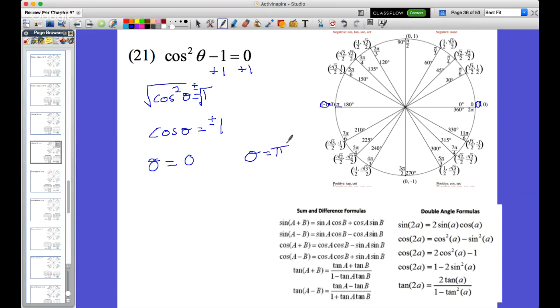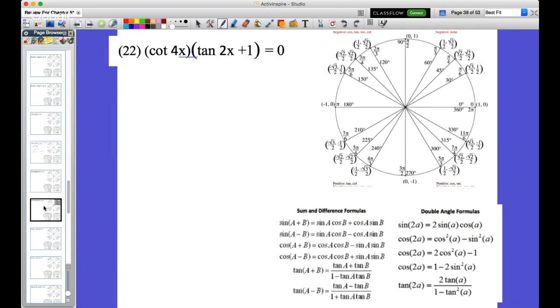Now, here's one thing I want to remind you. Our interval is 0 to 2 pi. 2 pi is not included as an answer. So the angle would not be 2 pi. It would be the angle equal to 0. And so that's how we solve those types of problems.